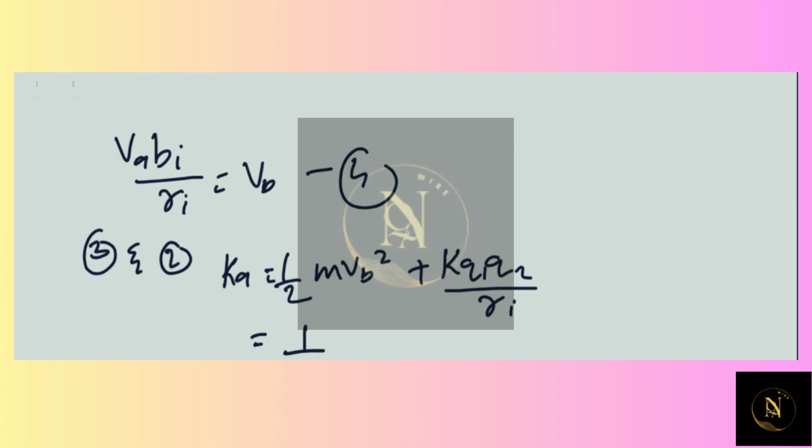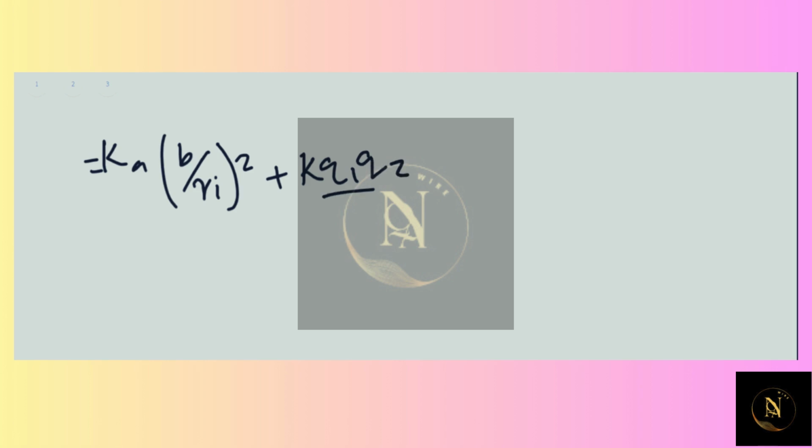Then our kinetic energy after will be 1 over 2 m times vA b divided by ri, squared, plus k q1 q2 divided by ri. Further simplifying this, we get KA (b over ri) whole squared plus k q1 q2 divided by ri. We call this equation number 5.